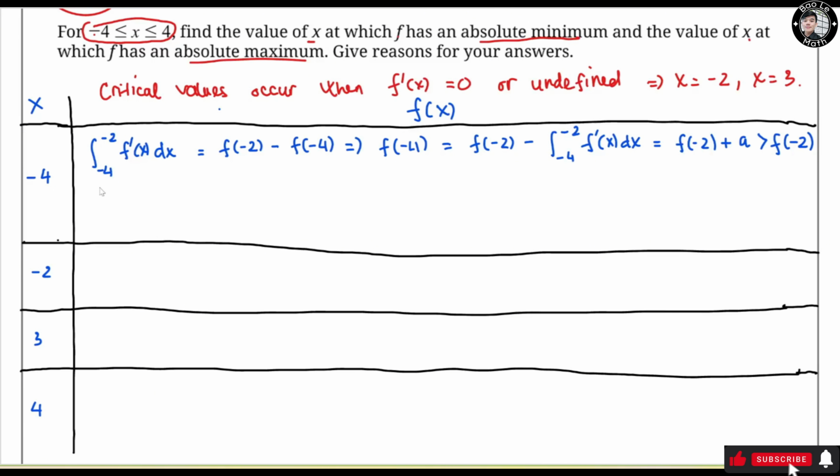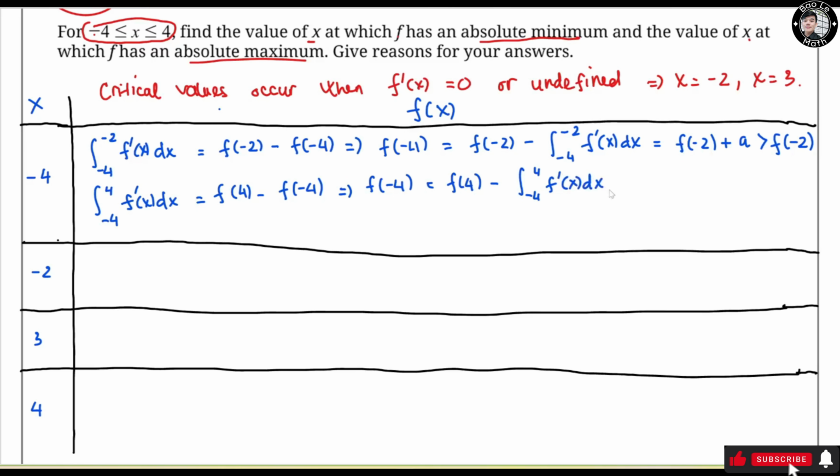Now the integral from -4 to 4 of f'(s) ds is f(4) minus f(-4). So f(-4) is f(4) minus the integral from -4 to 4 of f'(s) ds, right?